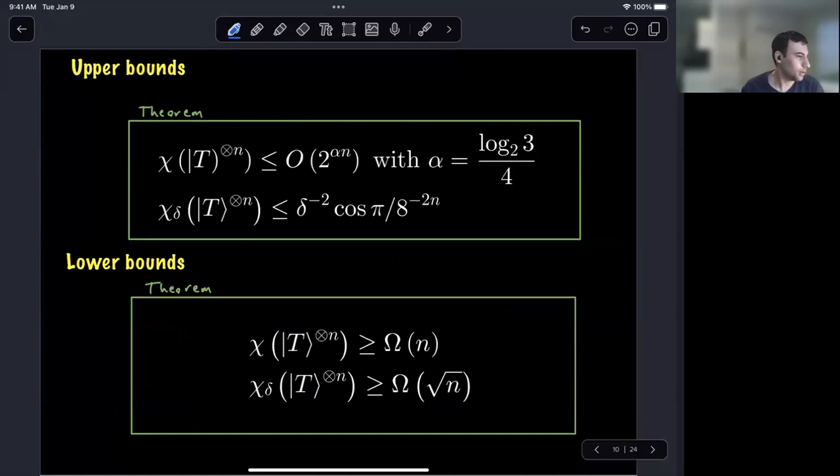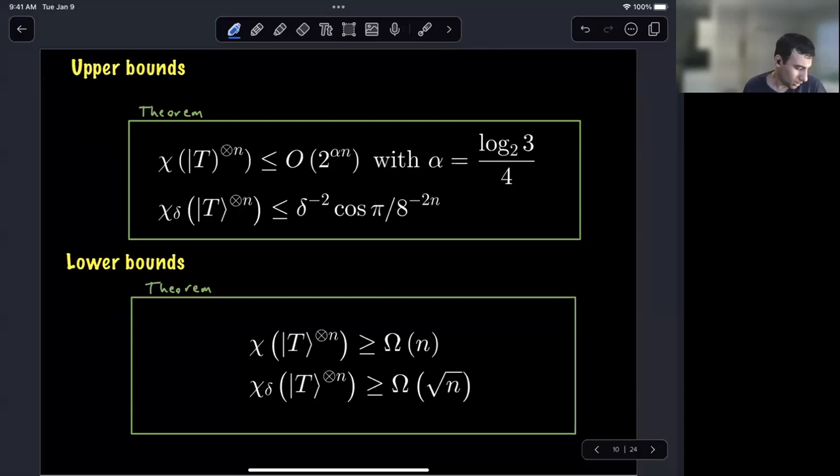Okay, so I hope that you are convinced that the stabilizer rank is a relevant quantity, and it's related to the cost of one specific way to simulate quantum circuits classically. And now it's important to study what the value of this stabilizer rank is.